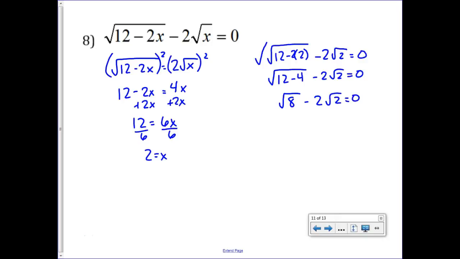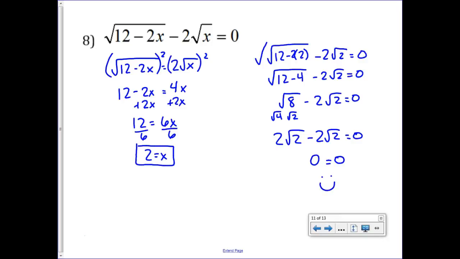So the square root of 8 is the square root of 4, square root of 2. So that's 2 radical 2 minus 2 radical 2 is equal to 0. So 0 equals 0. That one works. Box it in.